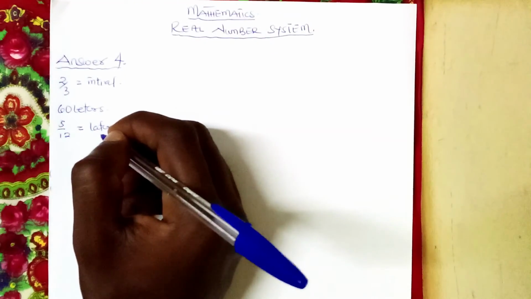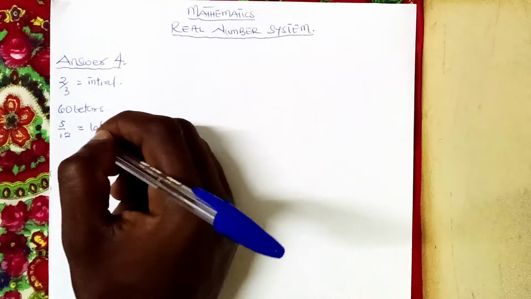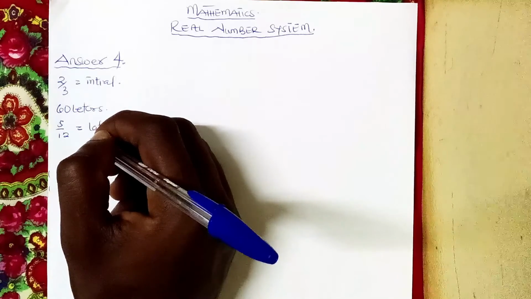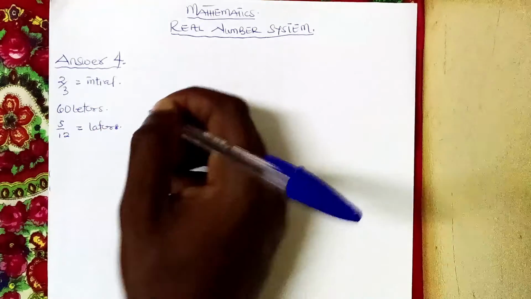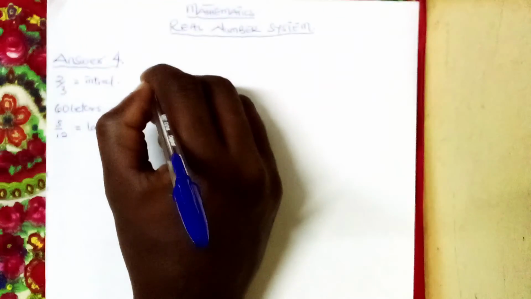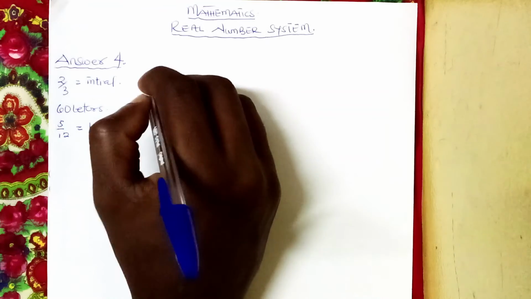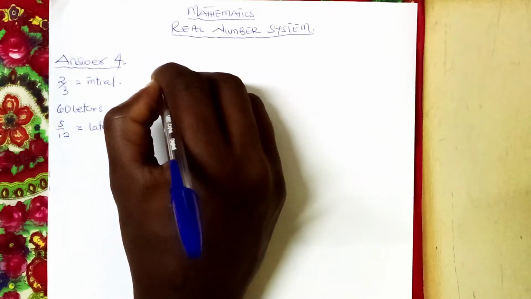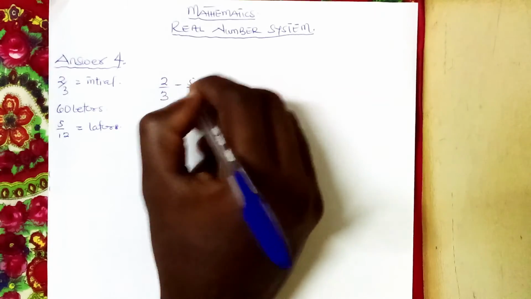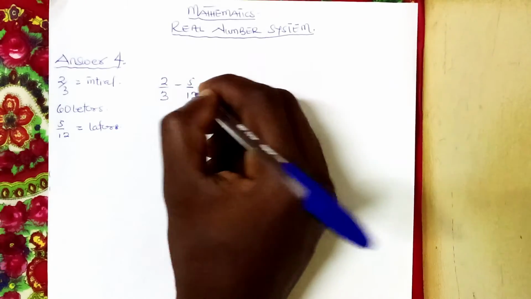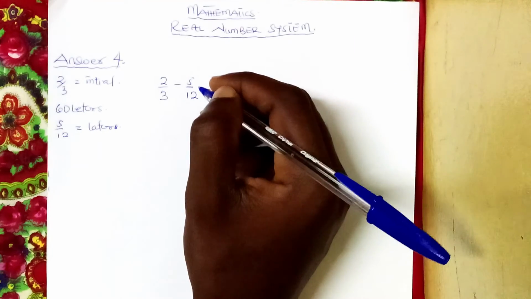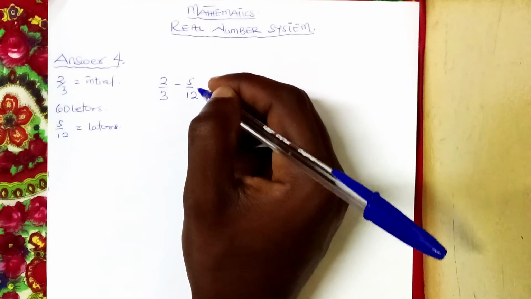In order for us to know, we would have to subtract the remaining after the 60 liters was used from the initial, that was 2 on 3. So with this, we are finding the fraction that's equivalent to 60 liters. So we have 2 on 3 minus 5 over 12. The initial minus the one that's remained gives the one that's used in fraction.